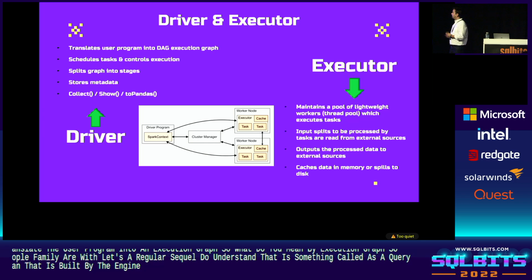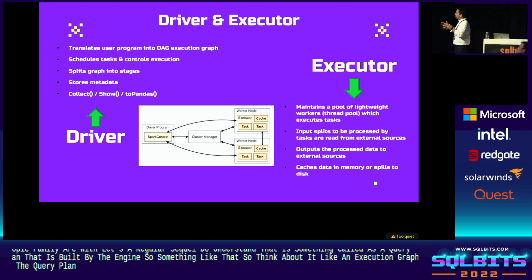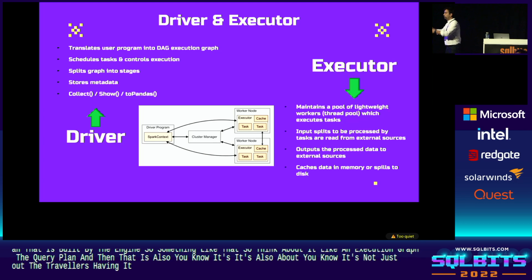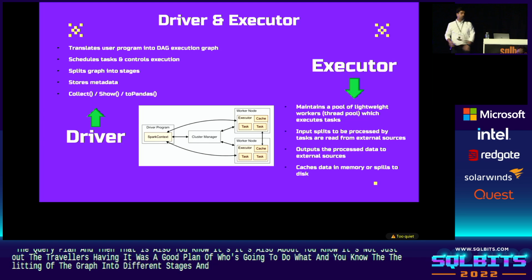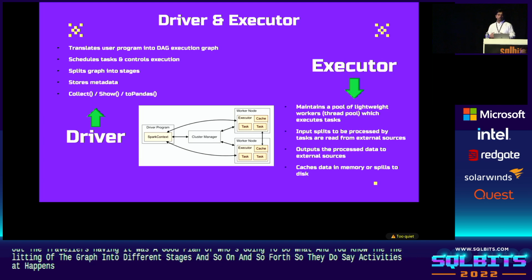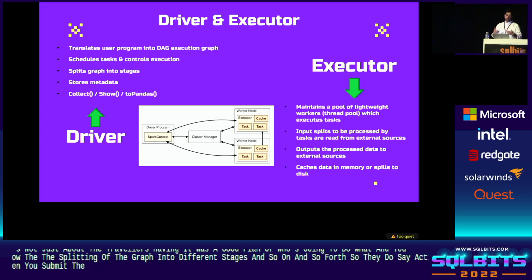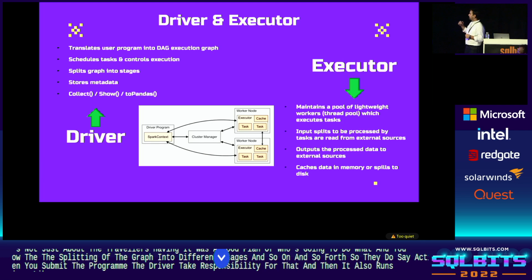Think of an execution graph as a query plan. It's not just about the graph, but also having a physical plan of who's going to do what, and splitting the graph into different stages, and so on. Those are activities that happen first when you submit the program. The driver takes responsibility for that, and then it also runs things like collect, show, and so on.